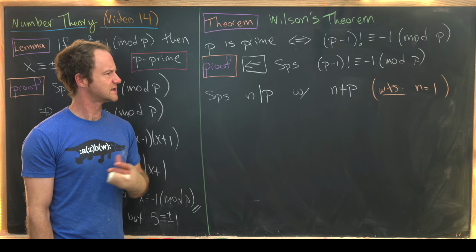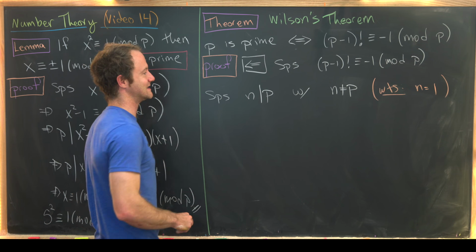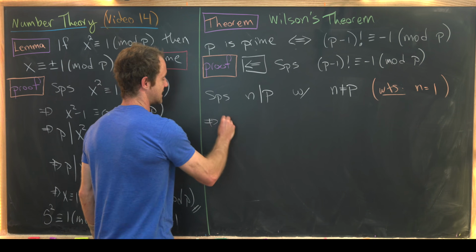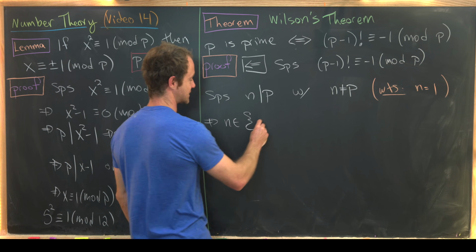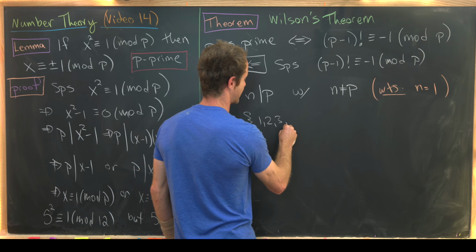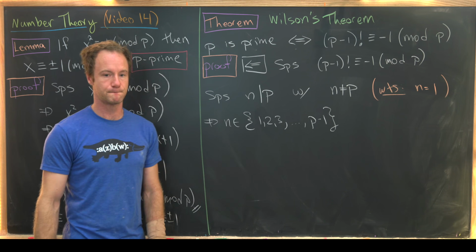Okay, so let's see how we can do this. Notice the fact that n is not equal to p, but it divides p, tells us that n comes from a certain set: 1, 2, 3, all the way up to p minus 1.